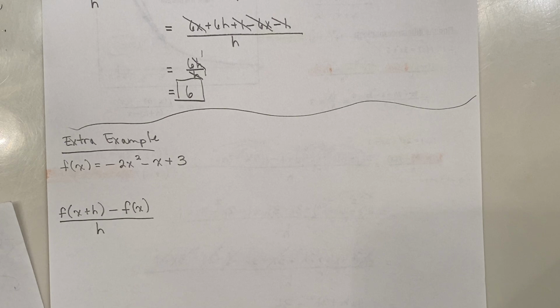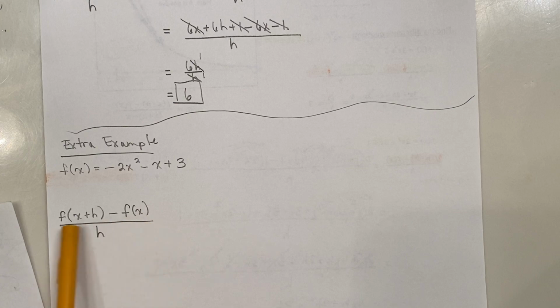This would be the given information and the instructions would be find the difference quotient. Difference, and then we have a quotient.